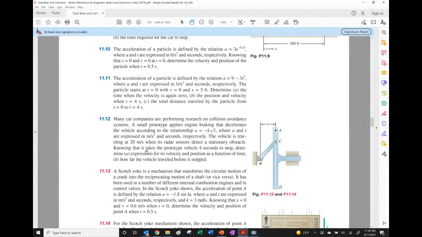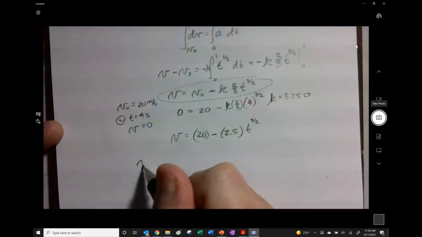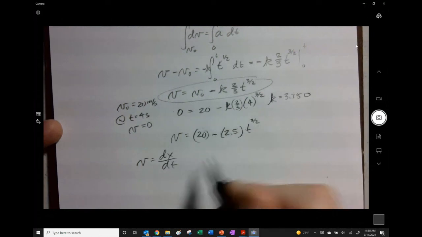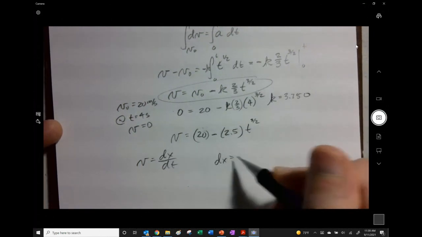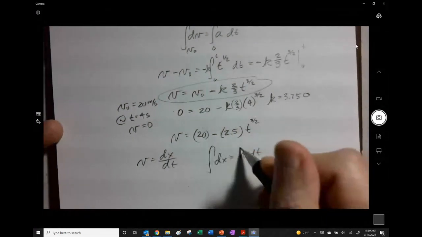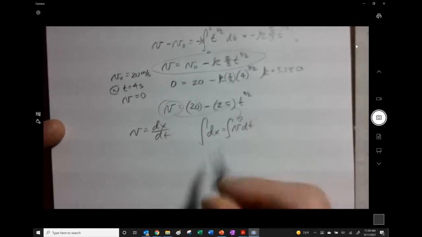Let's see. So the first thing it asked for was an expression for the velocity. Oh, and they want position as a function of time. So now we have to go. Well, velocity is equal to dx dt, right? So we could go to dx is equal to v dt, and then integrate both of them. But we could put the velocity now inside of there.